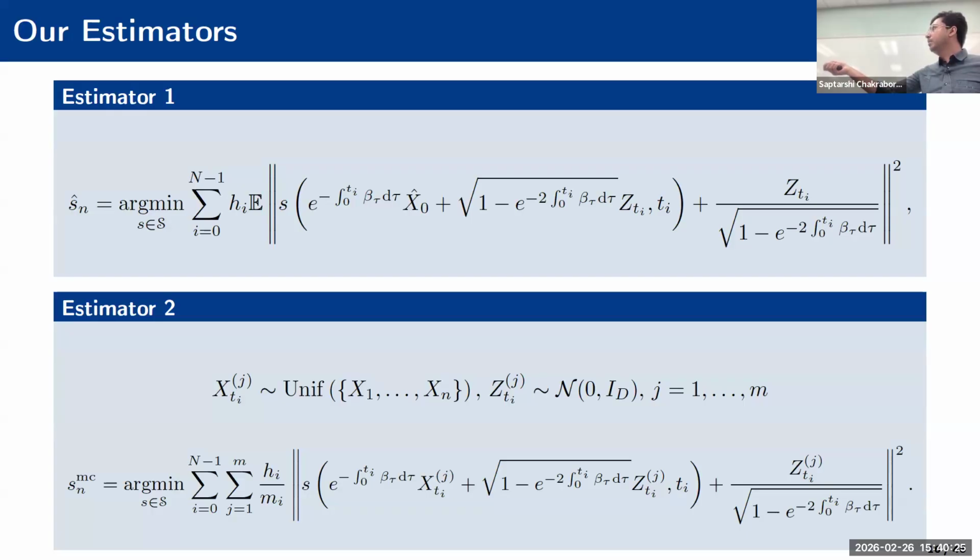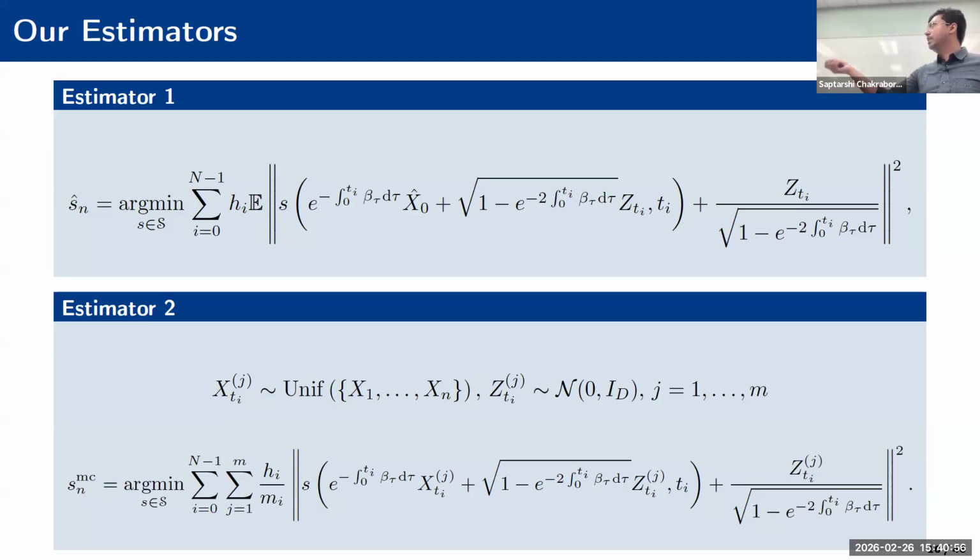You don't really minimize this expectation, but you take a Monte Carlo approximation of it. At each of these time points, we generate mi many samples from the distribution of xt, and you just take the average instead of the expectation, and we call that SN hat MC to denote Monte Carlo. This is actually the estimator that people use in practice, but of course you do various modifications on top of this as well.